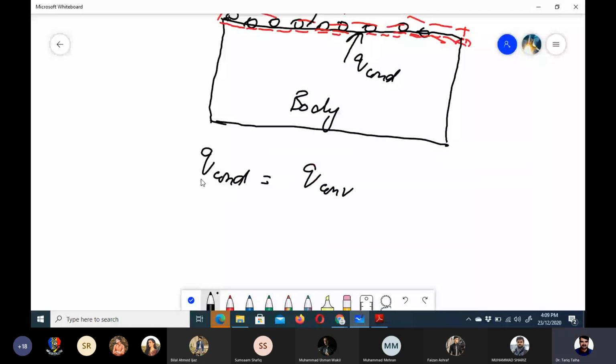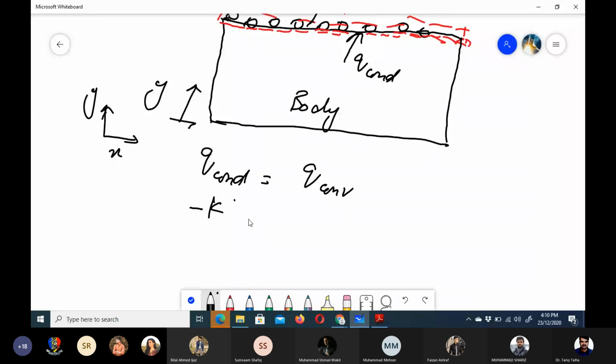Now, what is the value of Q conduction here? Can anyone tell me in terms of Fourier law? Minus k dT by dx. No, not dx, because this direction is the y direction, not the x direction, because heat is being transferred from this body in the y direction. It is very important that we don't confuse the axes x and y. x is the flow direction and the heat transfer direction is y, which is perpendicular to the flow direction.